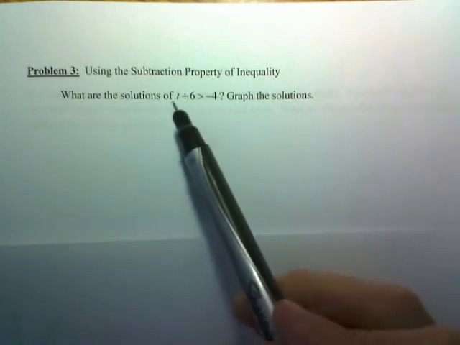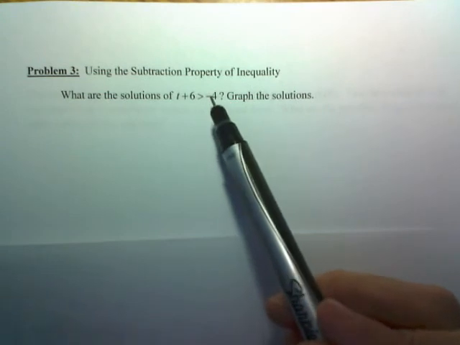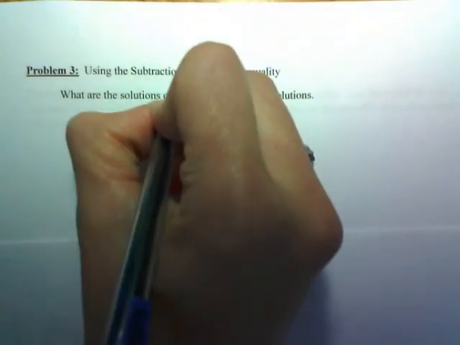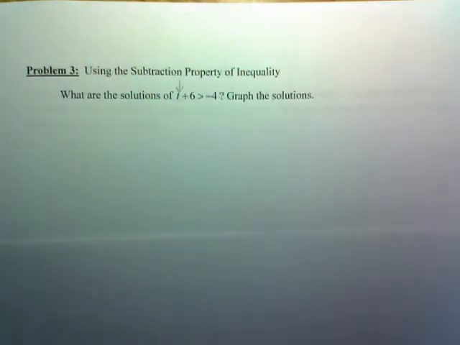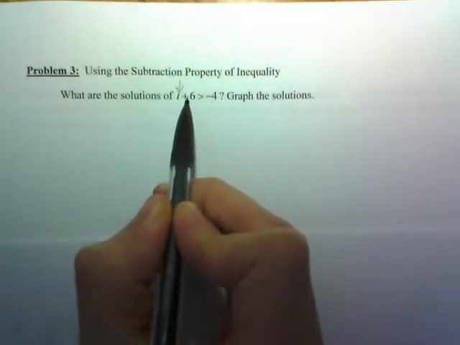So we have t plus 6 greater than -4. Well, t is the variable that I do not want to move. It's the only one I've got, so I don't have to worry about collecting like terms. So I have to determine what I need to do to keep that t there and get everything else away from it. The only thing I have is a plus 6.